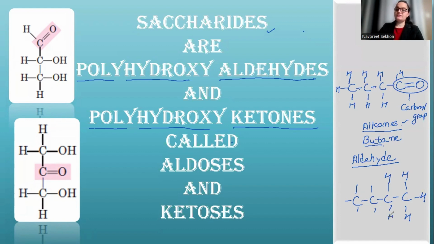Now, this time, instead of the terminal carbons, the central carbons decide to go with oxygen, right? So if these are the central carbons, to go with the oxygen, one of these hydrogens needs to be replaced. Over here, a double bond will be formed with the oxygen.